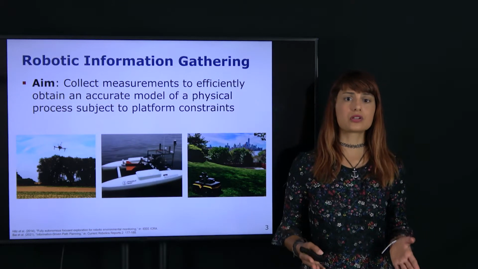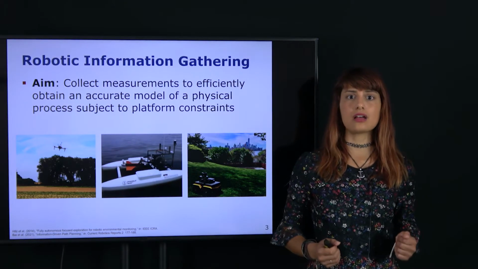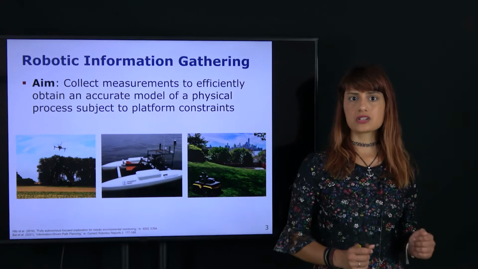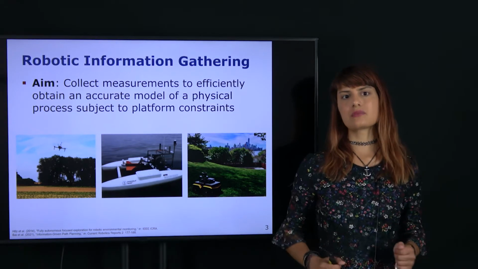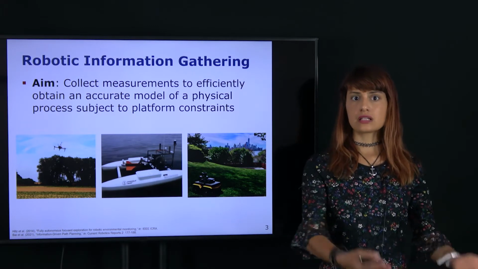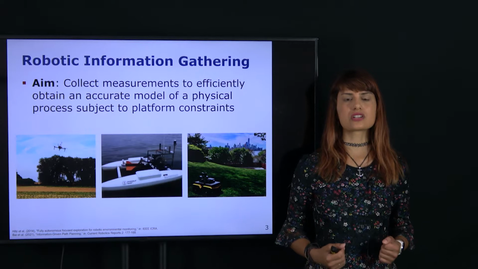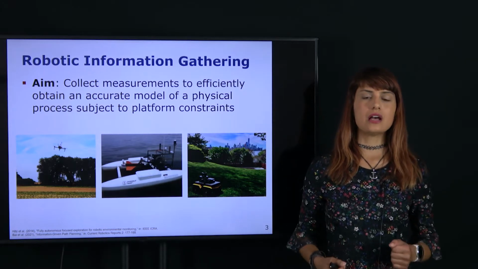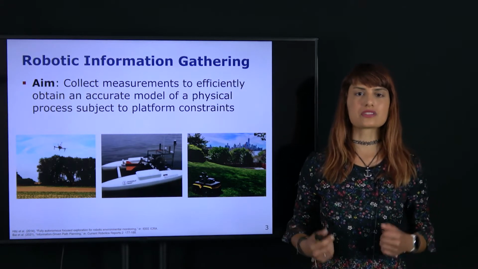If we have a robot with a limited budget, say on battery life, we want to deploy it in a mission, use intelligent decision making for robotic information gathering, and eventually receive back the most useful measurements that it could possibly collect with the limited amount of time and resources that it has.